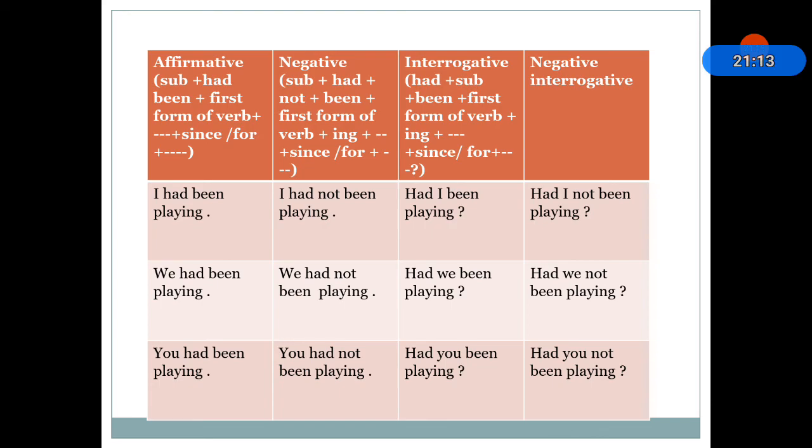Or another example, I had taken a bath before I took breakfast. And past perfect tense describes an action that completed before some special past moment we have in mind. Example, by the time he arrived, I had completed my work.